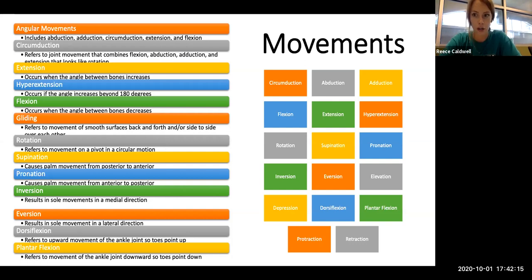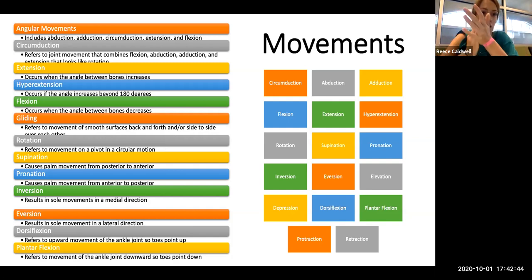Like for example, in biomechanics, the first week he was already talking about flexion and extension. We were looking at a muscle in the arm, and he goes, whenever you flex it, it does this. Whenever you extend it, it does that. And for me, I was like, crap, I don't really remember flexion and extension. So you want to get these down now. It'll make the rest of your college career so much easier. If you do not get these down, you will be so stressed in your upper level ESS classes.